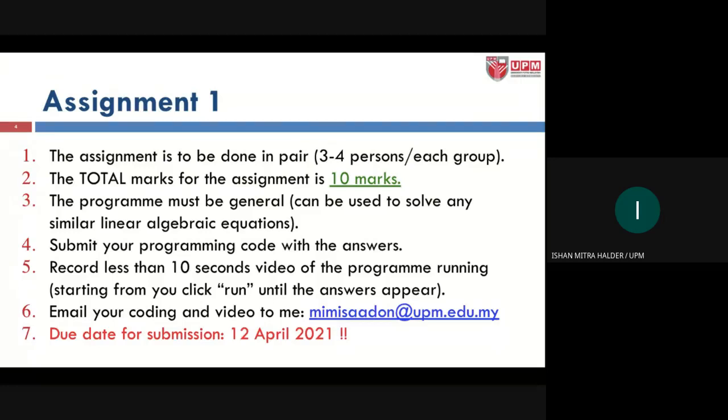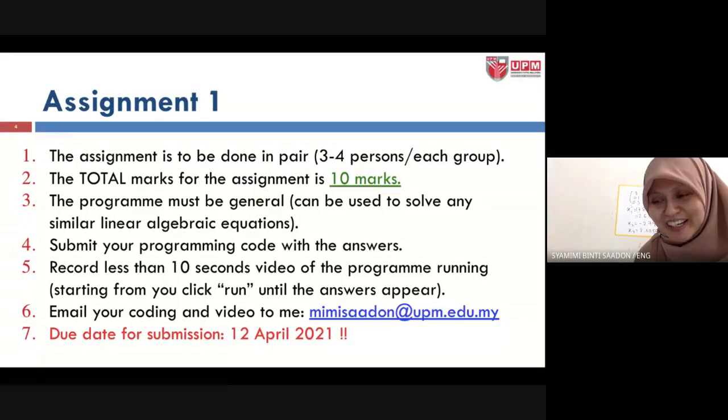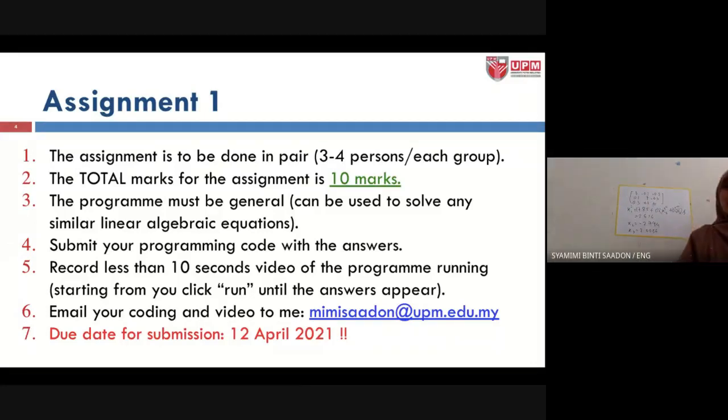So you can use whatever computer programming software you have, or maybe even C-Lab, the free one that you have. You can choose whichever you are familiar with. So what do I mean by the program must be general? Because I don't want you to just key in the values.